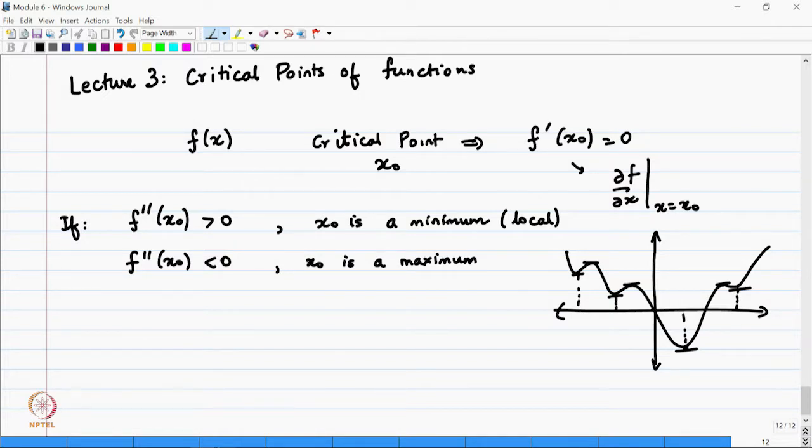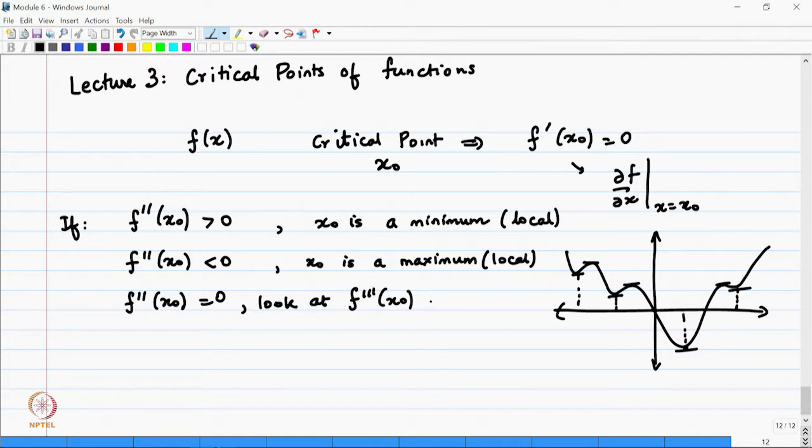a local maximum. If f double prime of x 0 equals 0, then there are a lot of things that are possible. What you have to do is to look at f triple prime of x 0. Then you use the same condition.